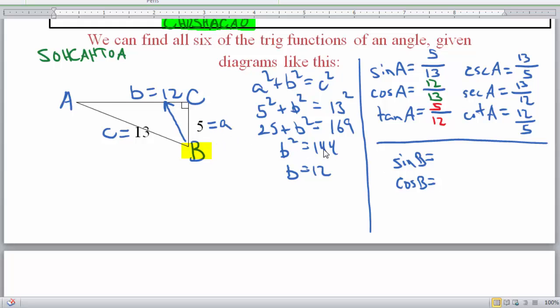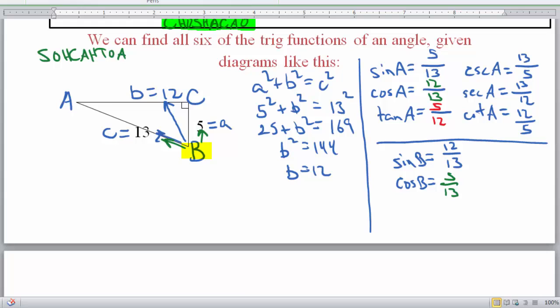So when I want the sine of B, I'm doing the opposite, which is 12, over the hypotenuse, which is 13. And when I do the cosine of B, I'm going to do the adjacent, which is 5, over the hypotenuse, which is 13.